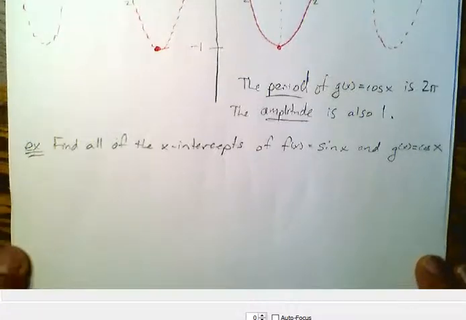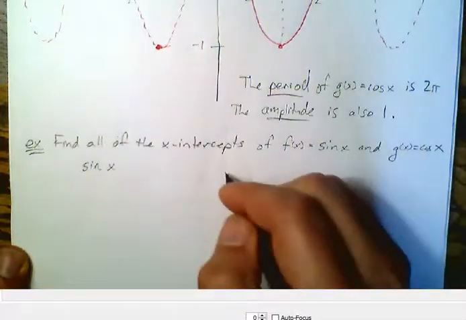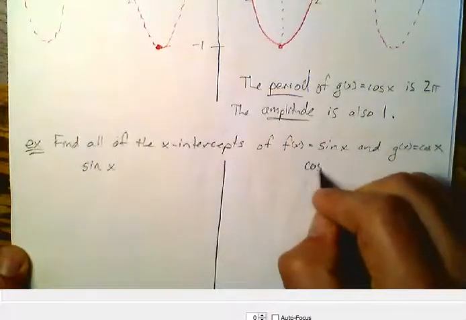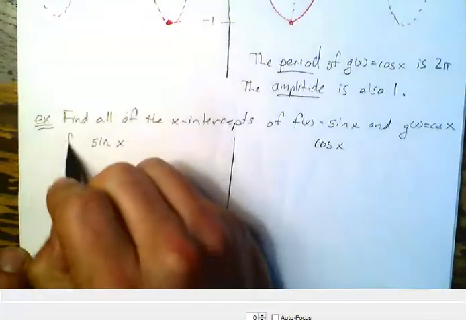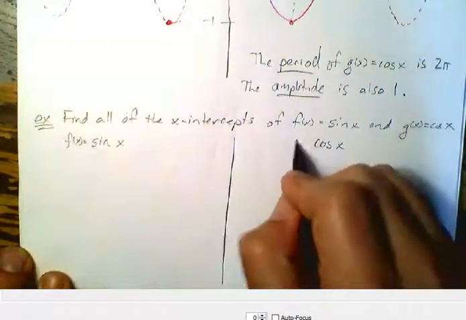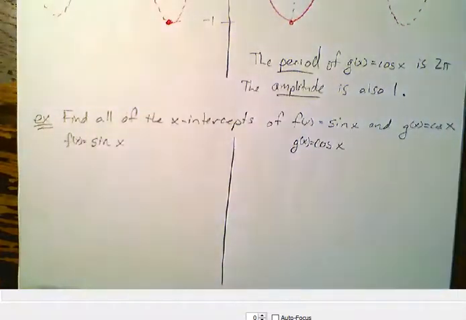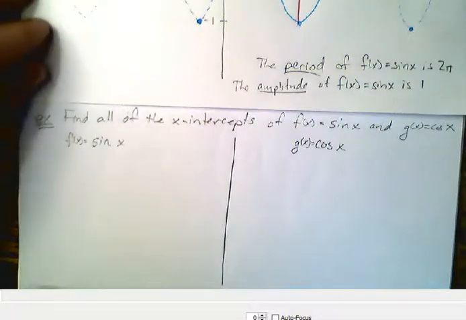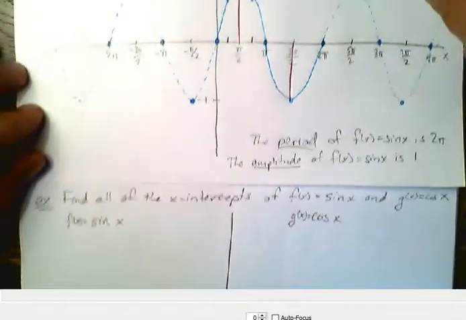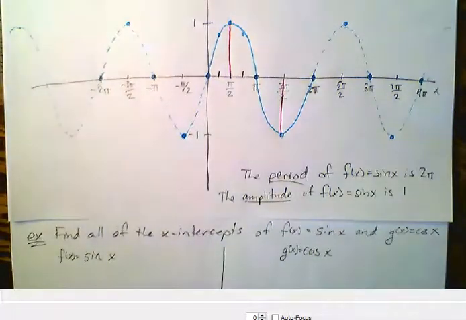So let's take a look. So for sine x over here, let's say, cosine x over here. All right, so let's look back at the graph of sine. So here is your sine curve, and let's locate all of the intercepts.